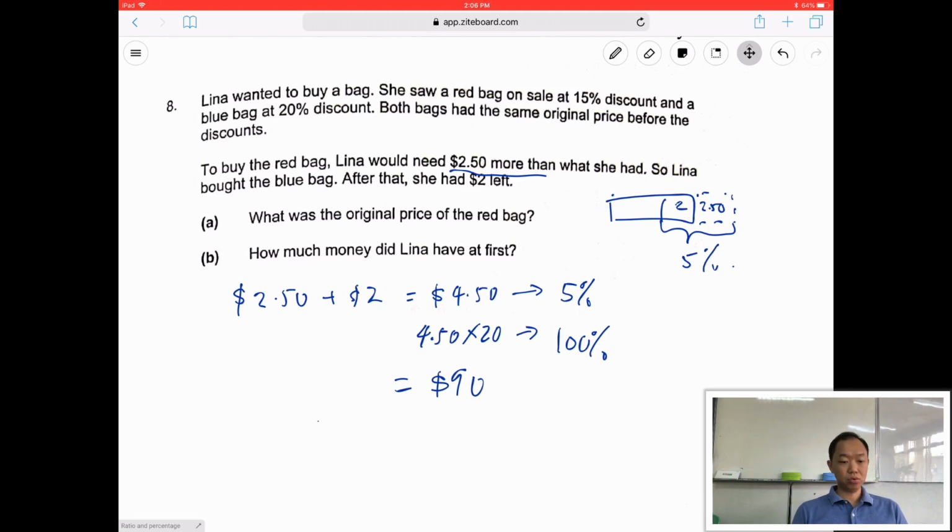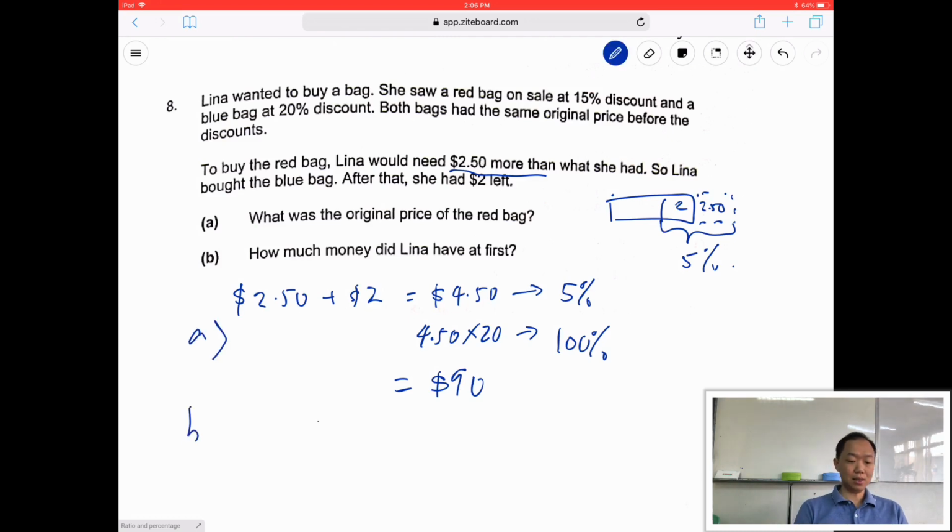Next, part B. How much money did Lina have at first? To buy the red bag, she needs $2.50 more, but she bought the blue bag instead and had $2 left. The blue bag also had a 20% discount.